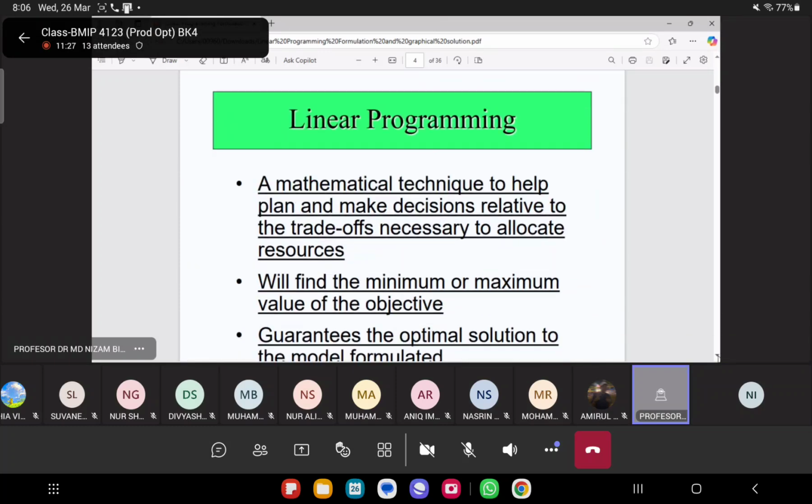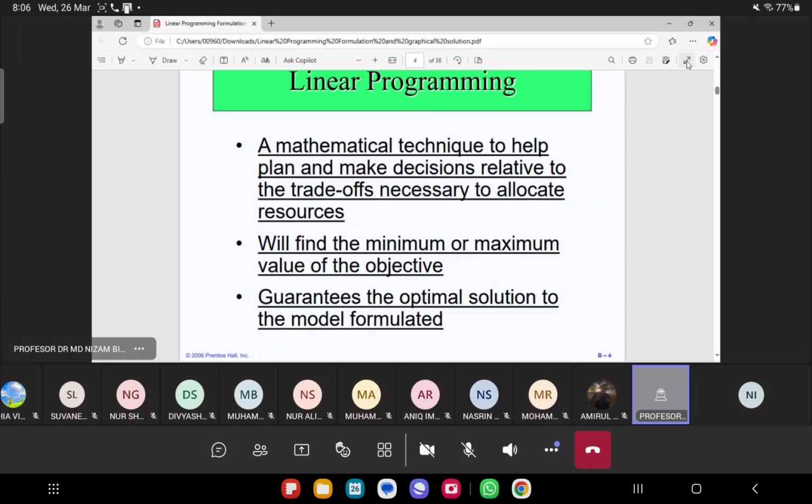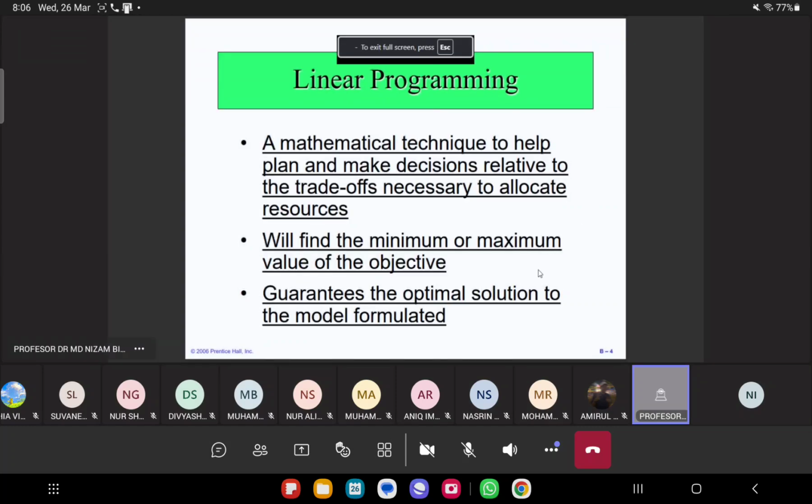So let's look at what linear programming is. Linear programming is basically a mathematical technique that helps plan and make decisions relative to the trade-offs necessary to allocate resources.